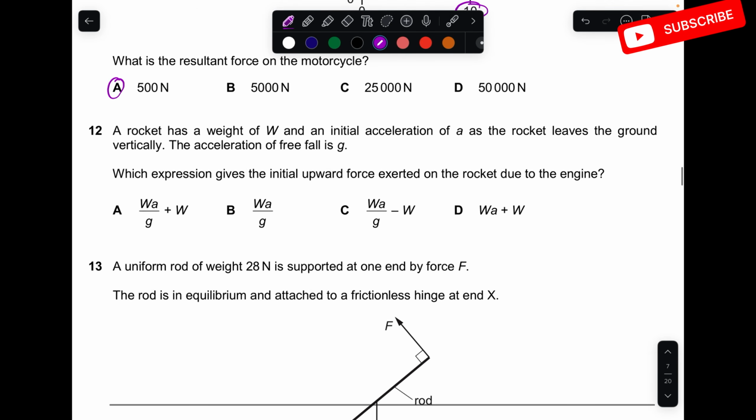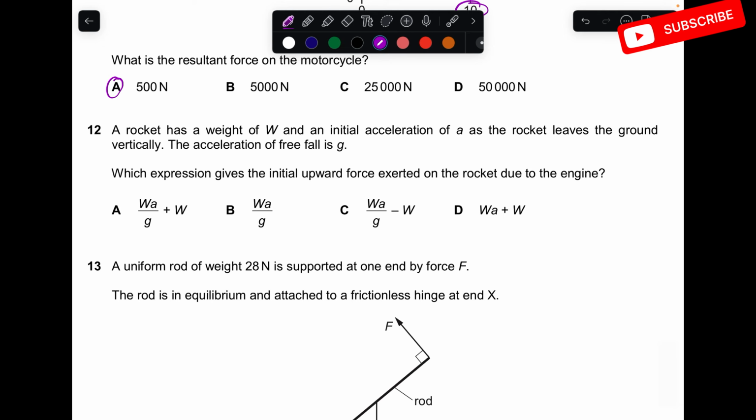Question 12. A rocket has a weight of W and an initial acceleration of A. As the rocket leaves the ground vertically, the acceleration is g. Which expression gives the initial upward force exerted on the rocket? Let's try to build the scenario. Let's suppose this is a rocket, it's moving upward. The weight will be acting down.